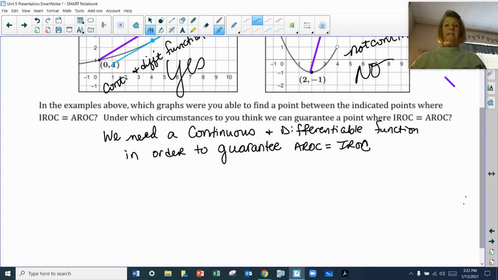As I was writing this down, I was thinking continuous and differentiable function on a certain interval. It doesn't have to be everywhere, but on that interval we're interested in. So I'm going to add that.